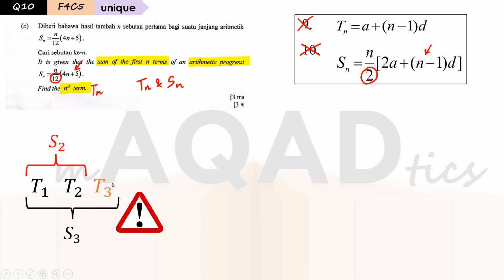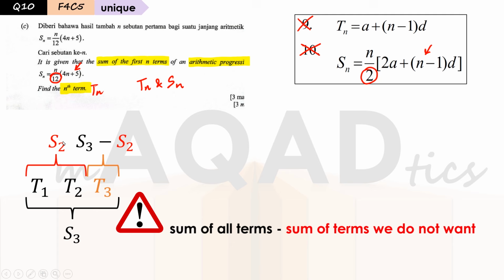So to find out T3, it would be S3 minus the sum of the terms that I don't want, which is S2. Okay, so T3 equals S3 minus S2. Right, T3 equals S3 minus S2.